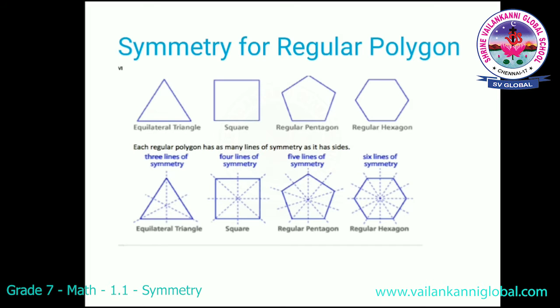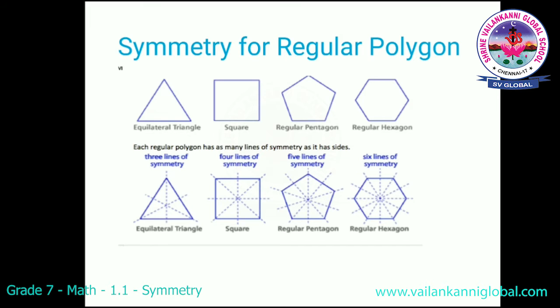See here, a triangle has 3 sides, so the lines of symmetry are also 3. Then a square has 4 sides, so the lines of symmetry are 4. Then a pentagon has 5 sides, so it has 5 lines of symmetry. Then a hexagon has 6 sides, so it has 6 lines of symmetry.